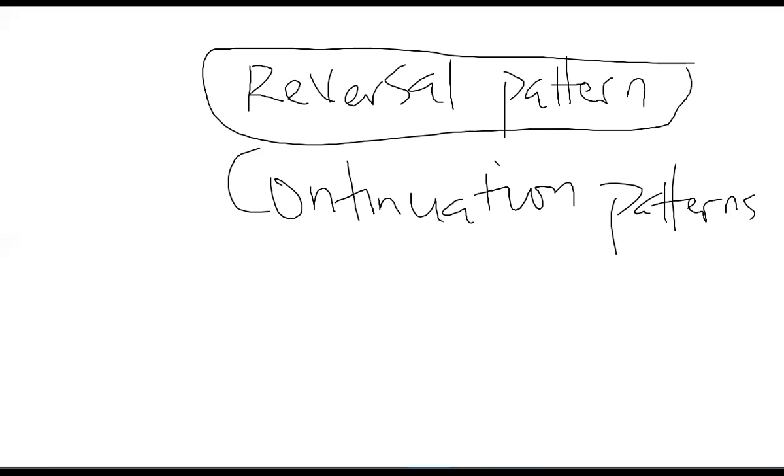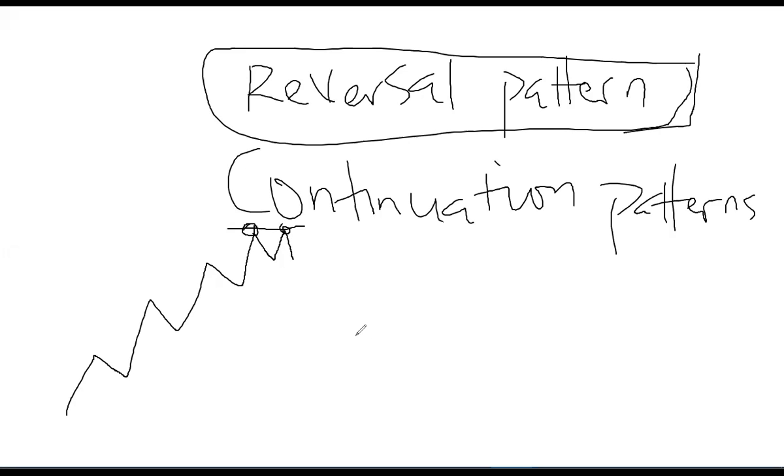Sorry, my network. So I was saying that we have reversal patterns and we have continuation patterns. Now I'm talking about reversal patterns here, and these are patterns that when you see them, you know that the market is about to change direction. For example, if the market is going on an uptrend, higher highs, and the market creates a high, and when it comes back, the market refuses to break that high, forming an M formation.